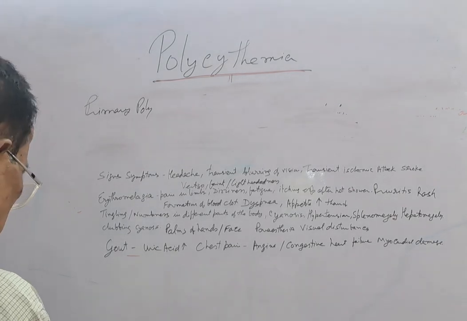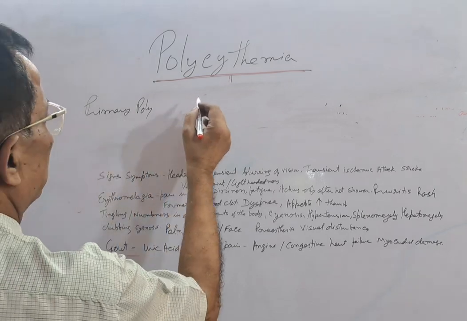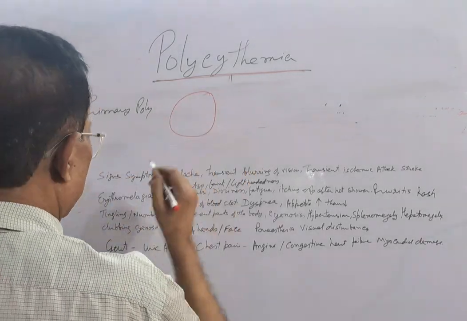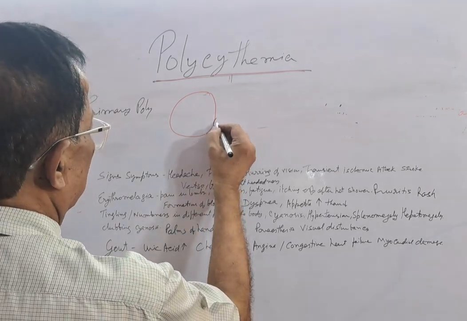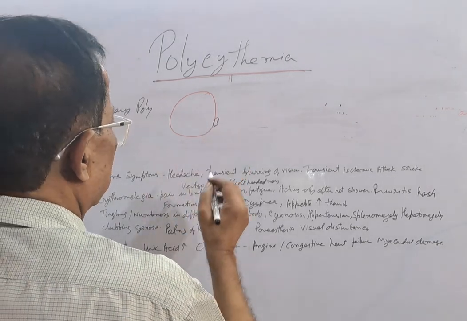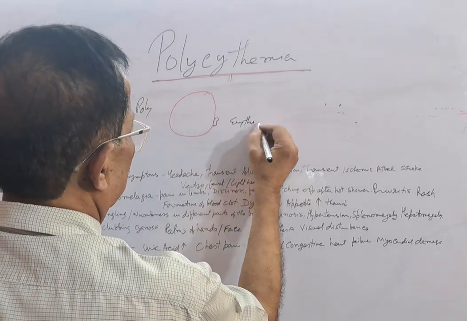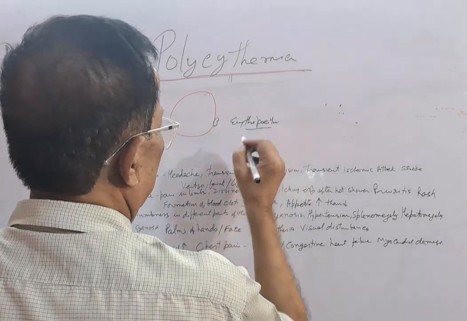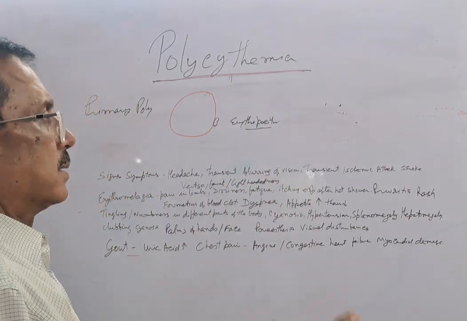What is the defect? In RBC formation, pluripotent stem cell is there, and there are receptors for erythropoietin. Erythropoietin is produced by liver and kidney, especially kidney.